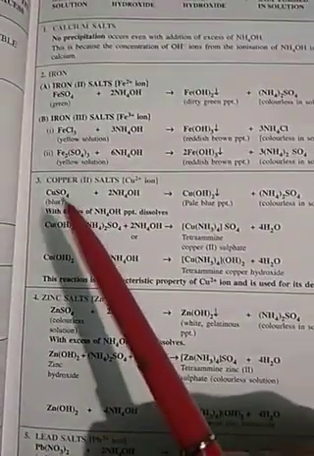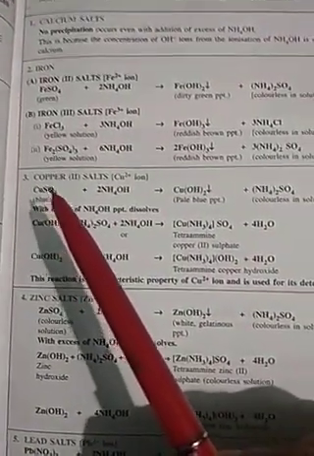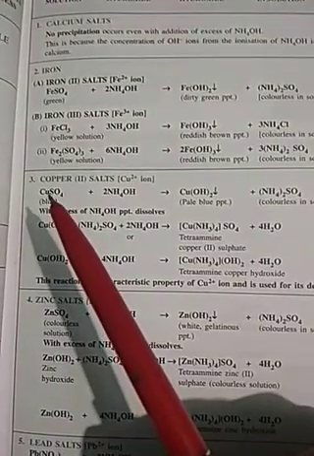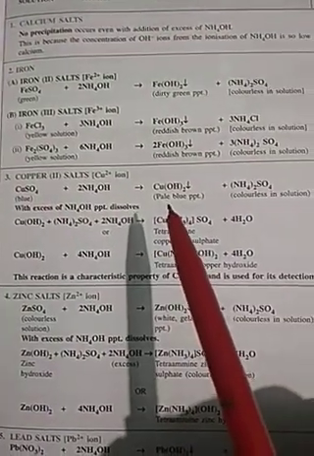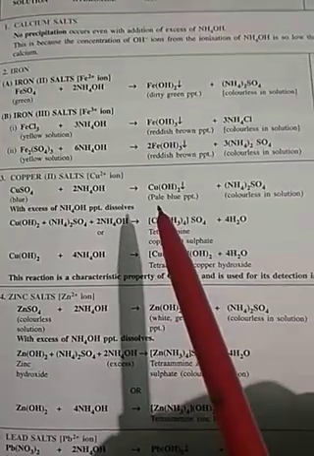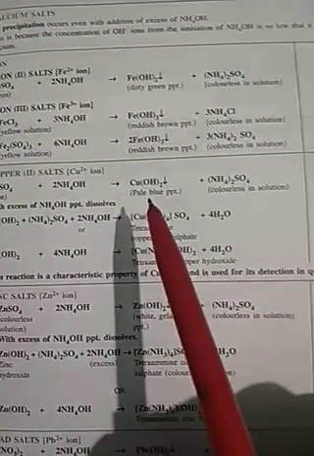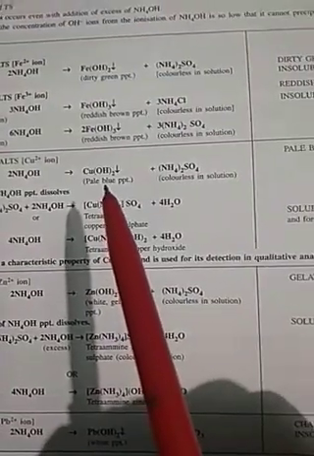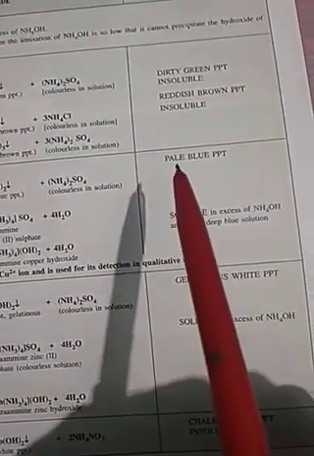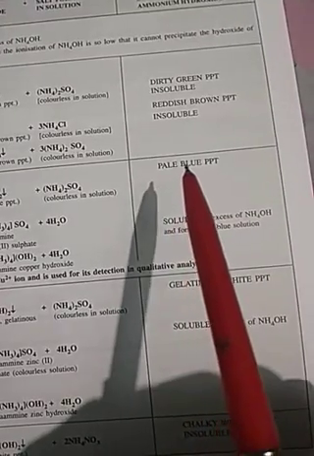I had told you earlier that the precipitate of a copper salt will always be blue, whether light blue or dark blue, but blue only. So it forms a blue, pale blue precipitate of copper hydroxide.